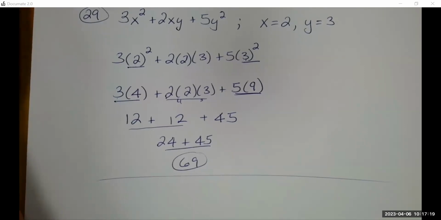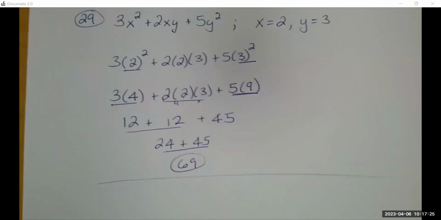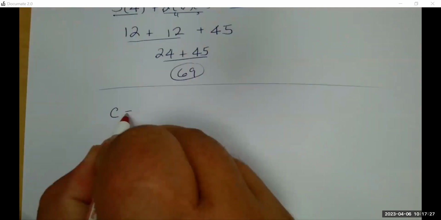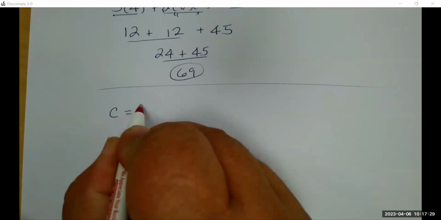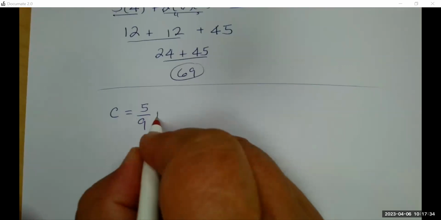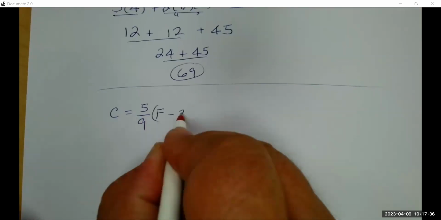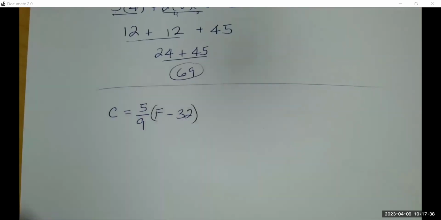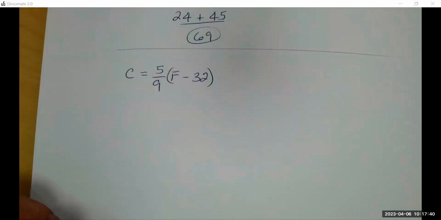Let's look at the formula question here. The conversion from Fahrenheit to Celsius is this formula here. What's the difference between Fahrenheit and Celsius? We use Fahrenheit.